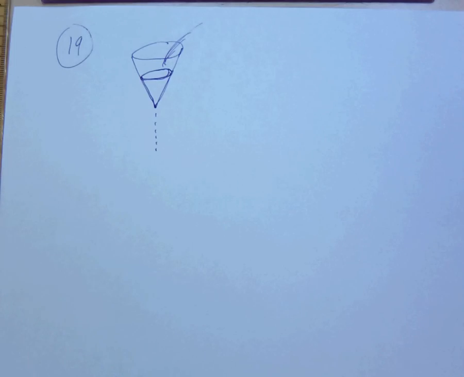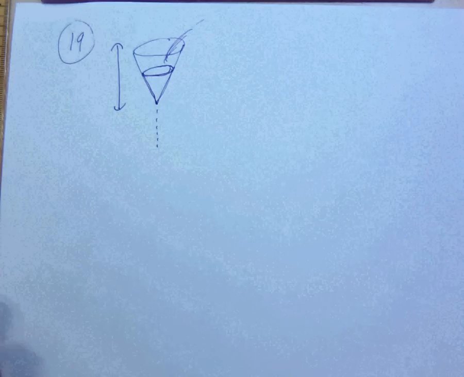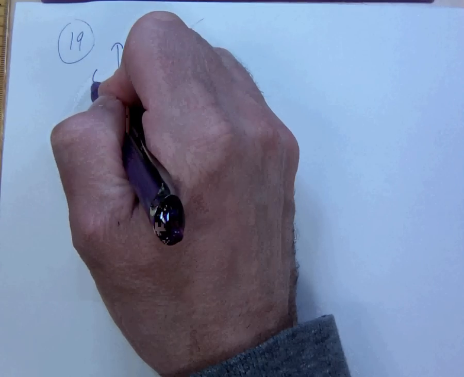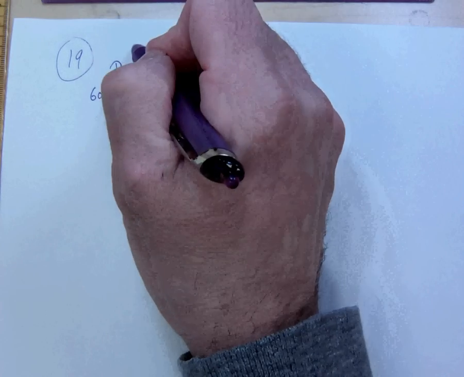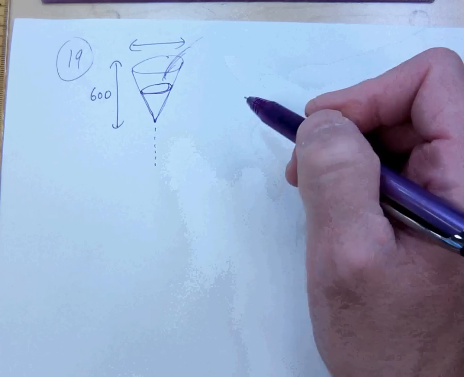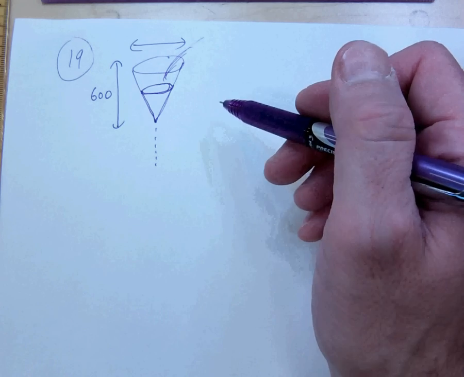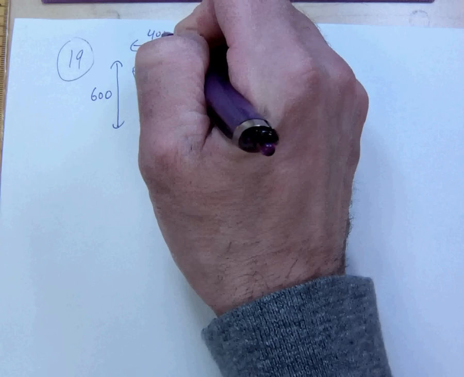Okay, so they say the height of the cone is what? 6 meters, right? Which is how many centimeters? 600. And then it says the diameter of the cone is what? Well, the diameter is 4 meters, which is 400 centimeters, right?